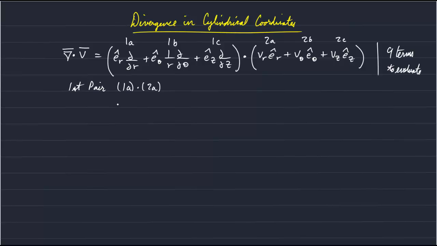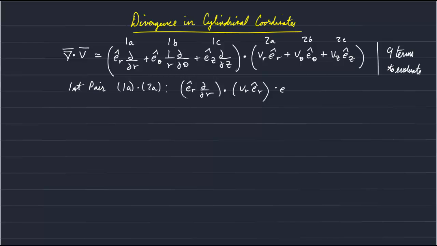So here we have e hat r d by dr dotted with vr e hat r. We don't know whether to apply the dot product first or the partial derivative first, but we'll follow the rule that we do the partial derivative and then the dot product.